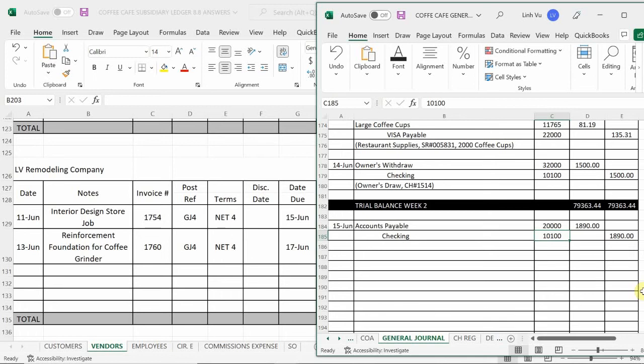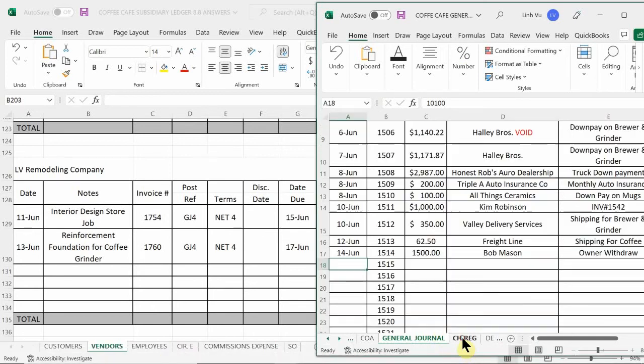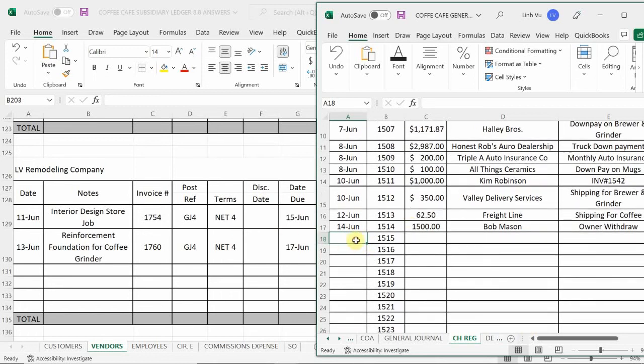Well, first, before we do anything with the ledgers, we need to notate the check on our check register. Yes, we need to cut a check because we're not going to mail out $1,890. So we're going to be writing a check. Today's the 15th.